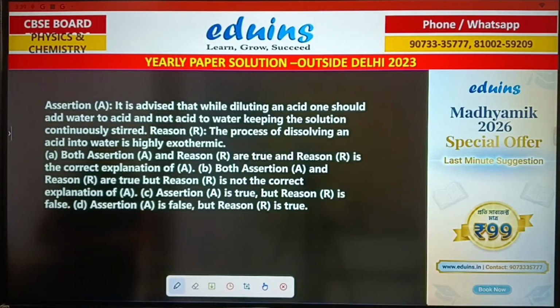Option A states both assertion and reason are true, and reason is the correct explanation of the assertion. Option B is both assertion and reason are true, but reason is not the correct explanation of the assertion. Option C is assertion is true but reason is false, and option D is assertion is false but reason is true. So what will be the answer?